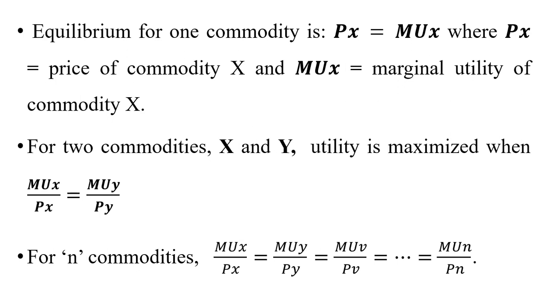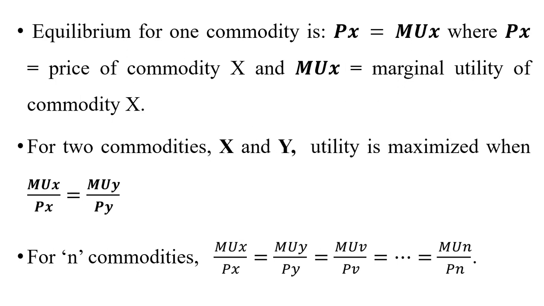then we have the situation where the marginal utility of commodity X divided by the price of commodity X will be equal to the marginal utility of commodity Y divided by the price of commodity Y. This equilibrium condition for two commodities is very simple.